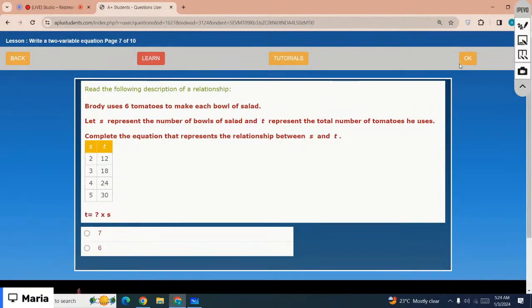Brody uses 6 tomatoes to make each bowl of salad. Let S represent the number of salads and T represent the total number of tomatoes he uses.